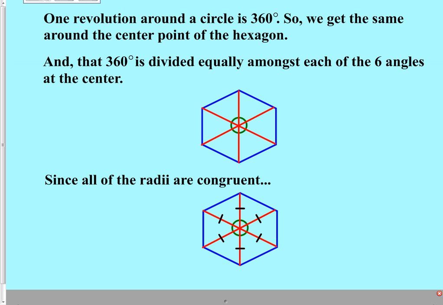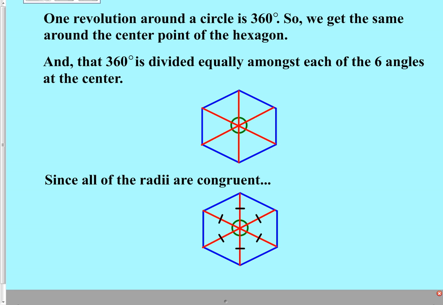Now, what starts to happen here is if you take the central angle inside of the regular hexagon and divide the 360 degrees that it takes to travel all the way around the hexagon one time by the 6 triangles that are formed inside, the angles are all divided equally.